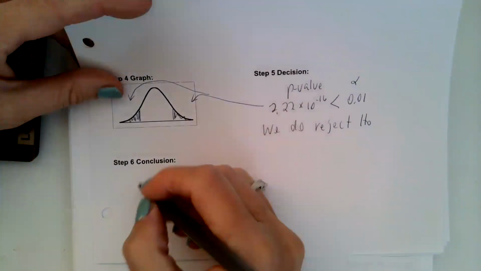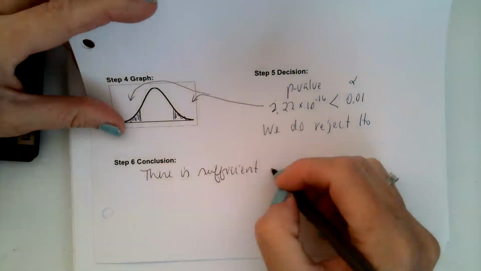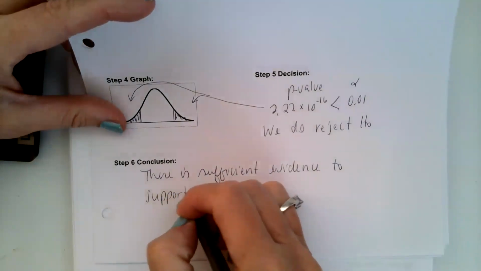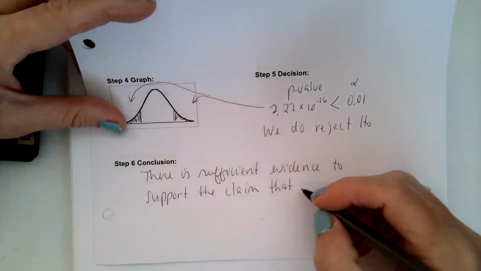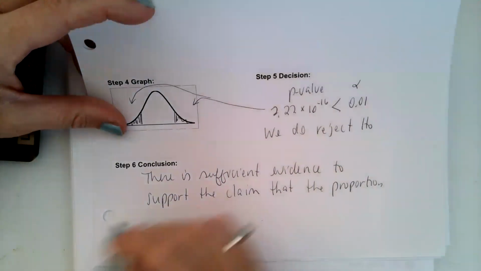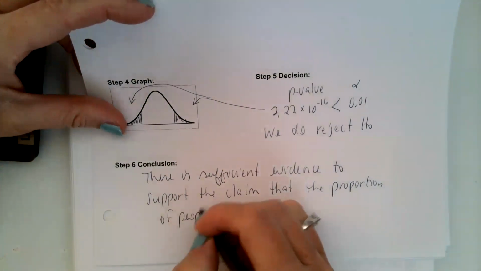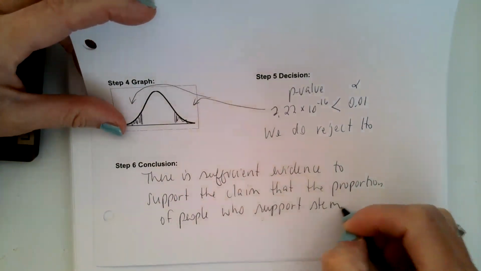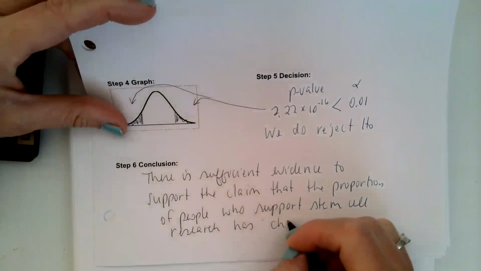So because we do reject H0, there is sufficient evidence to support the claim that the proportion of people who support stem cell research has changed.